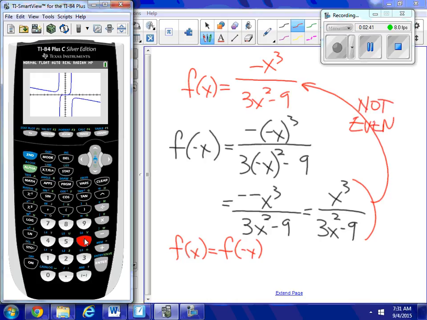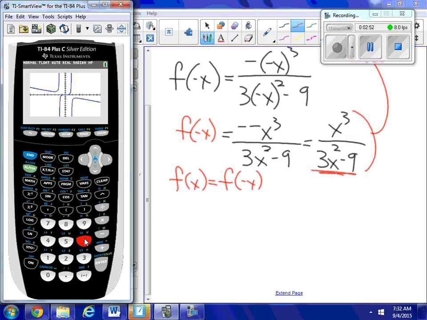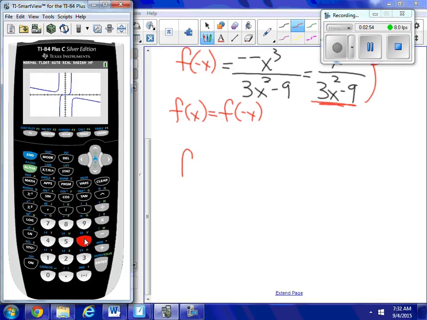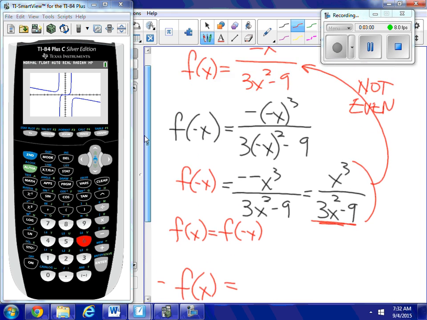But now one thing that I've done, which is kind of nice, is that by starting by finding if it's even, I've already determined what f of negative x is. This over here is f of negative x. So now I'm going to see, well, what is negative f of x? So I do it just like this.